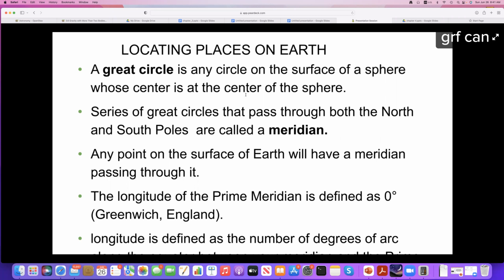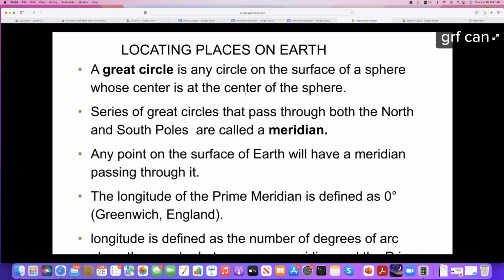Now, a series of great circles that pass through both the north and south poles are called meridians. Right? If there is a great circle that passes through both north and south poles, it is called a meridian. So it's also a great circle.